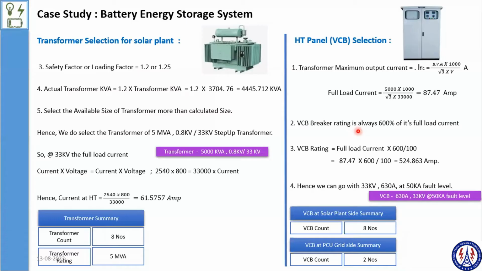The standard is saying you follow the switchgear practices, and it is stated that 1.25 is a good enough number. But the common practice is that people, because they are dealing with the HT side, don't want to have any issue, so they follow 150%, that is 1.5 times.